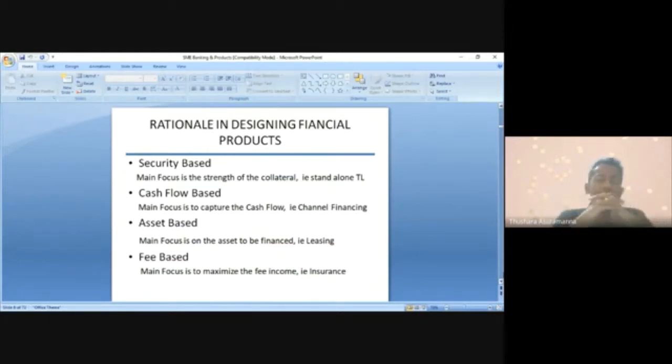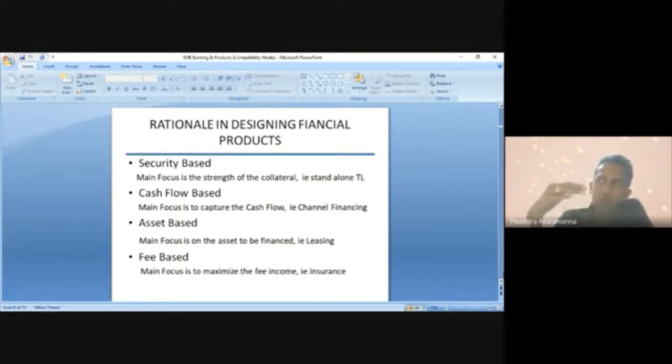But remember, in practice, you are not doing this always. Why? Depending on the circumstances, you might have a combination of these categories of lending. Asset and cash flow can be combined.